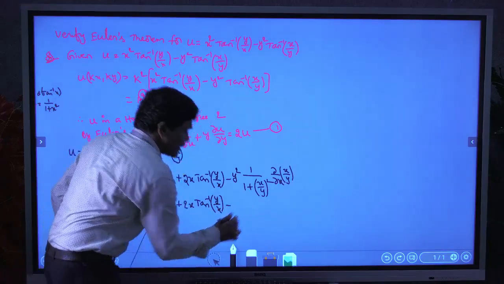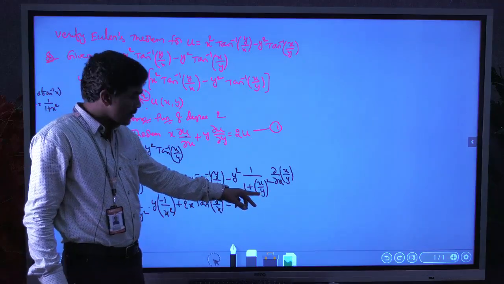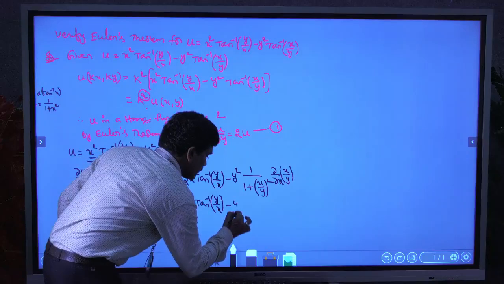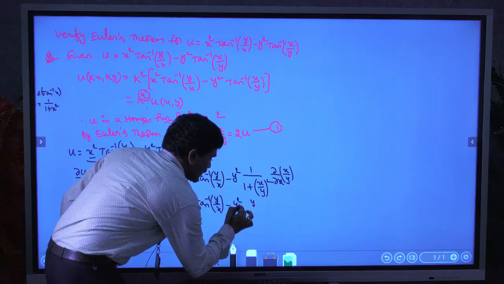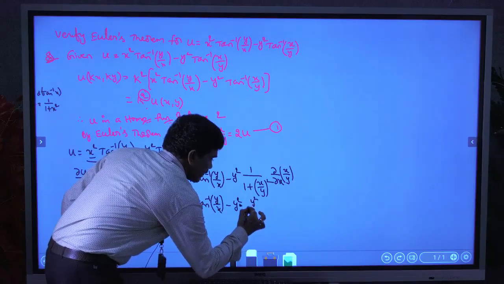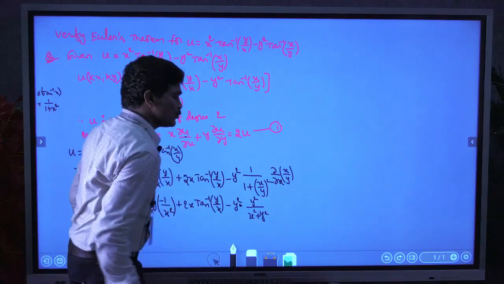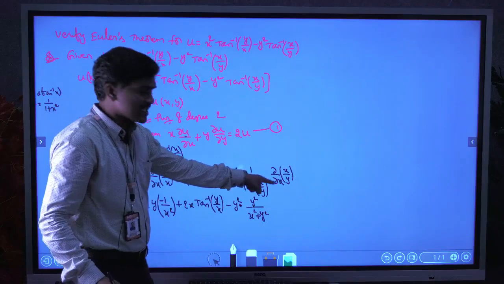Minus, again simplifying, take LCM, y square plus x square by y square, taking it into the numerator, we get y square by x square plus y square into the derivative of x by y with respect to x.